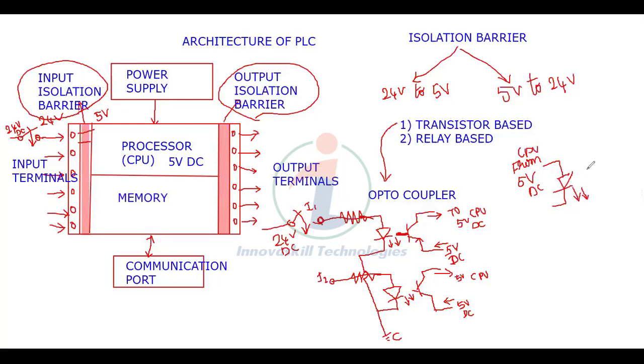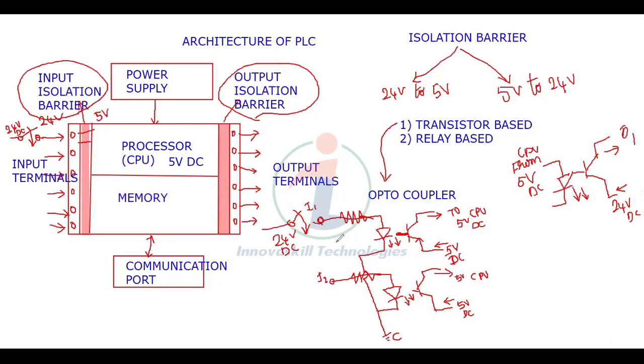If this LED is activated, this photo transistor will be doing the function. Here they will be connecting external 24 volt DC. Whenever this LED is activated, this 24 volt will be passing through this and that will be received in the output. So this is first output, output 1. Like that, for every output, separate connections will be there.